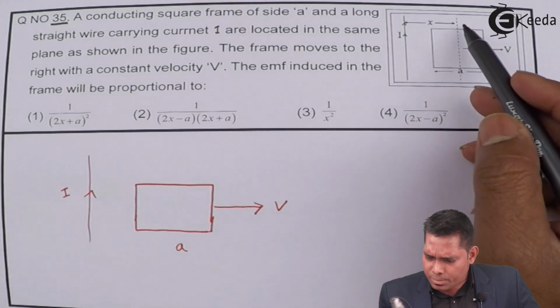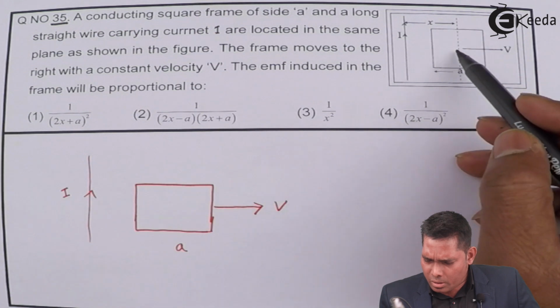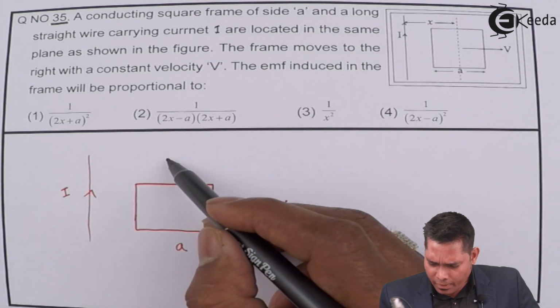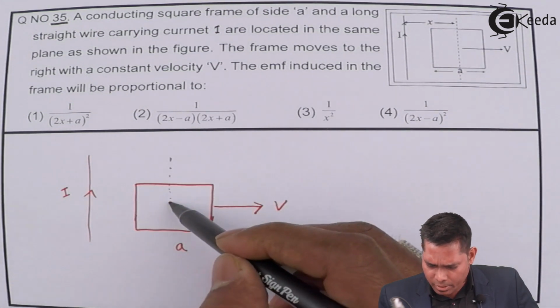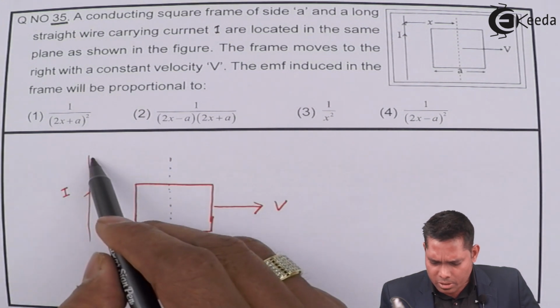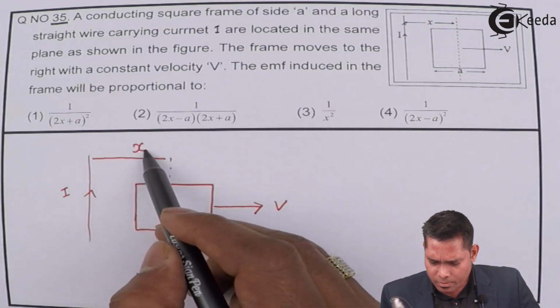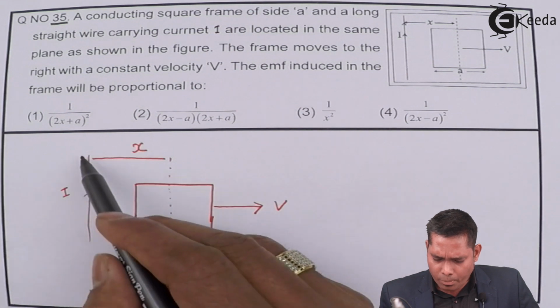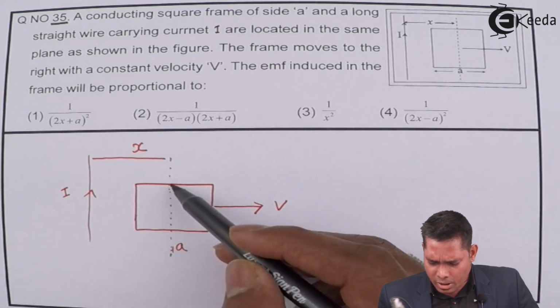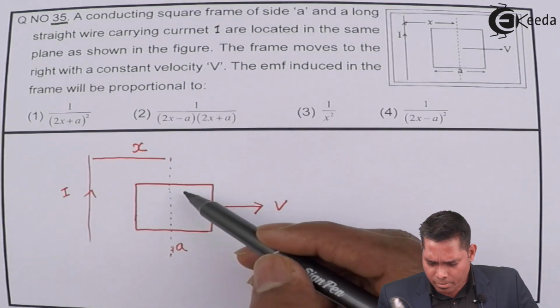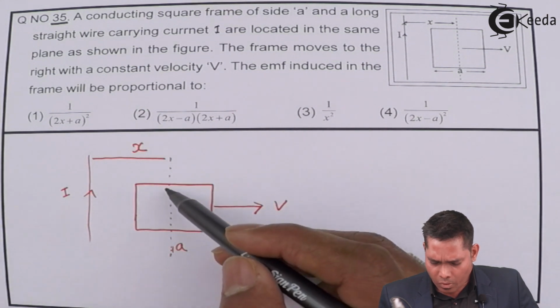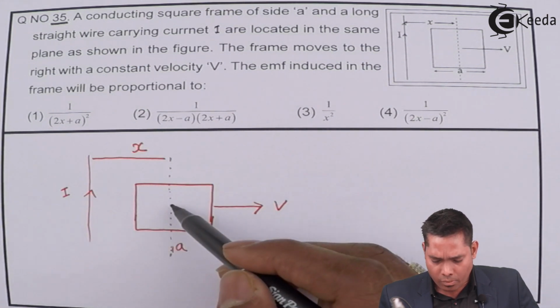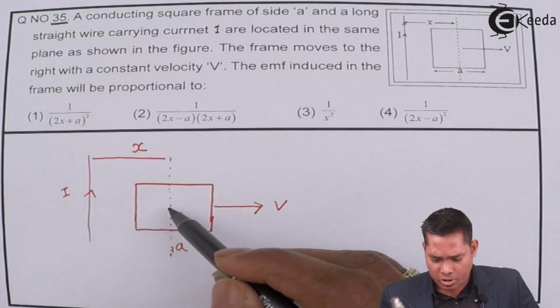How far is it from the wire? It is x. It is given in the question that from the wire to the midpoint of the frame, the distance is x.